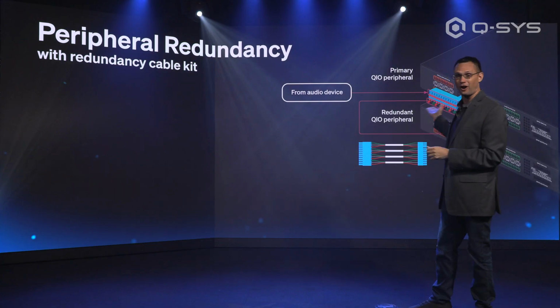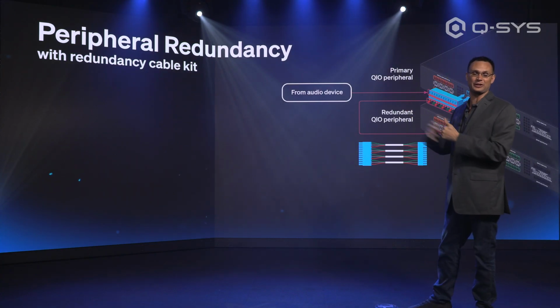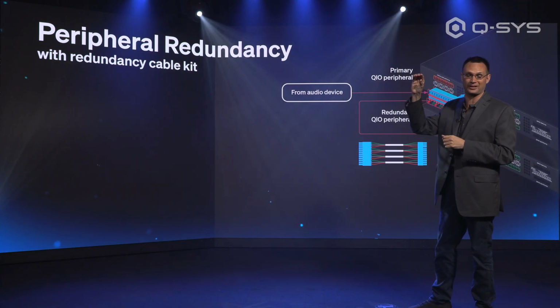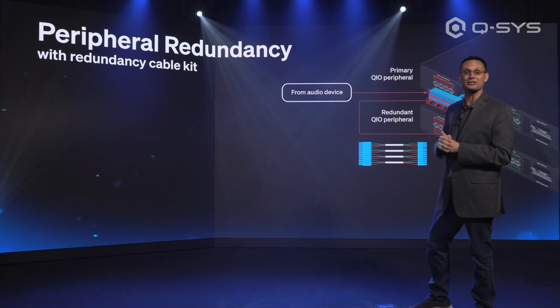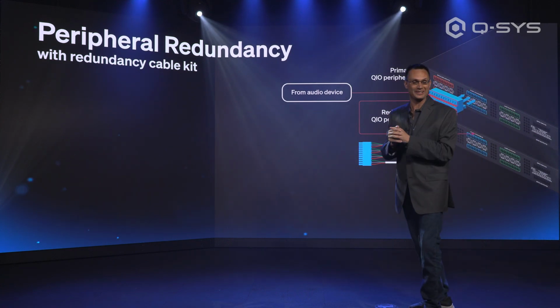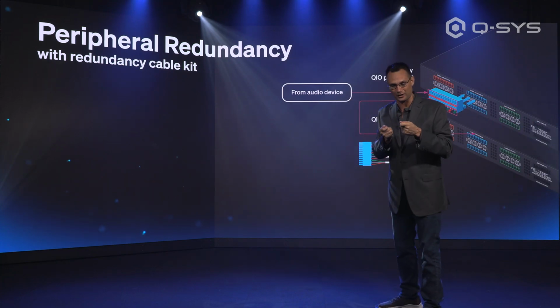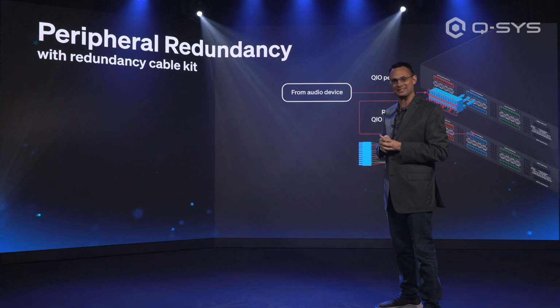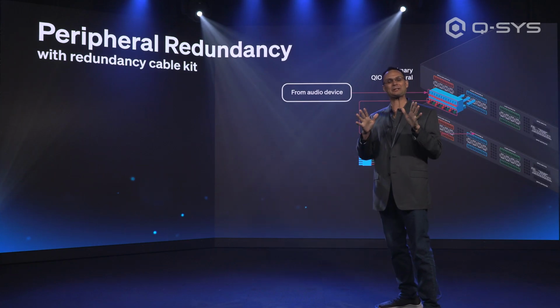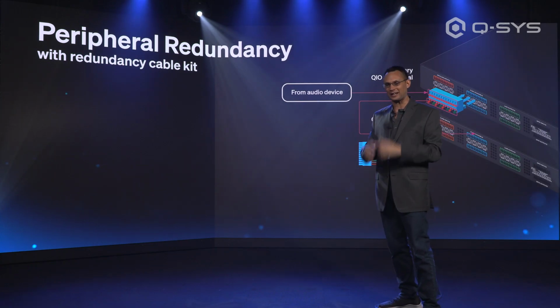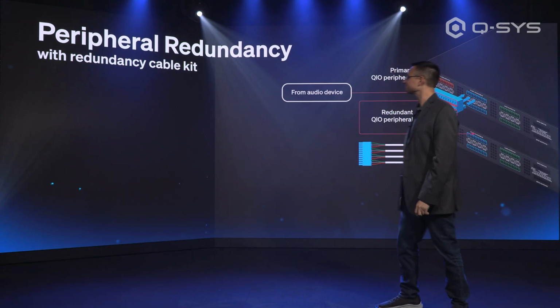This accessory automatically wires everything in parallel from the primary device to the secondary device. So you only need to strip your wires once and connect them to that very first connector. And then we've got this block that will automatically go down and connect to the second one. That'll make your life just a little bit easier and is a good little quality of life feature that will help things out.